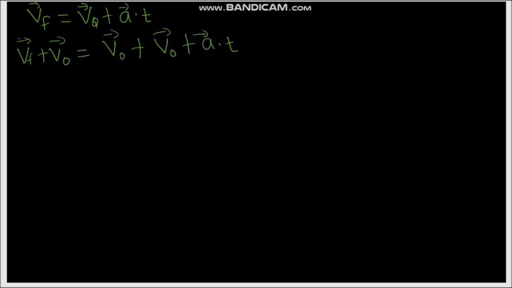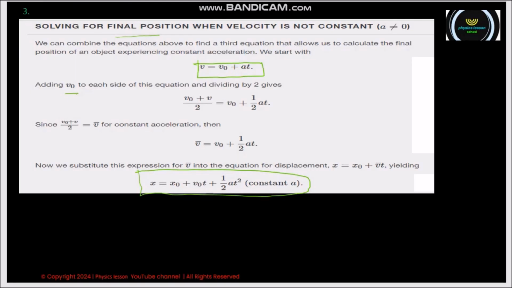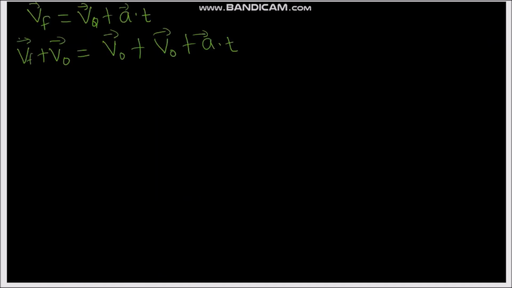Sorry, this is a vector quantity. We add both sides the initial velocity, then divide by 2. Now we are dividing the whole equation by 2. Let us see what's happening. Now let us divide by 2 both sides.